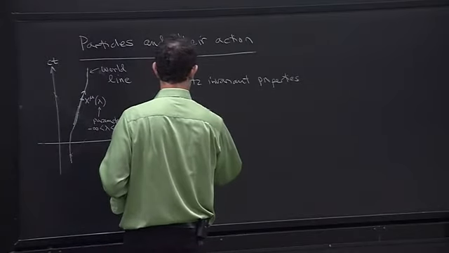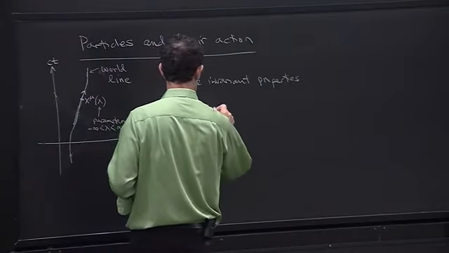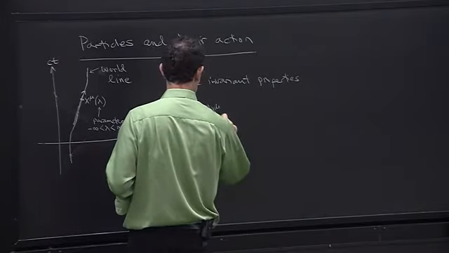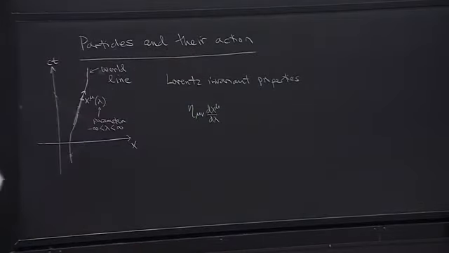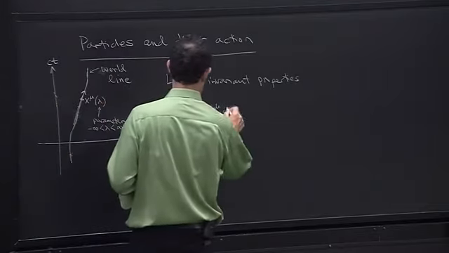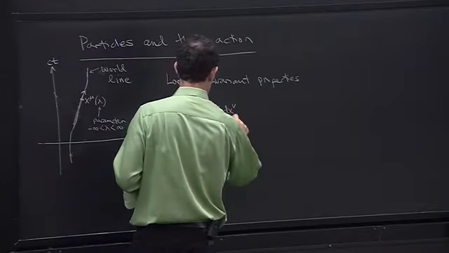We can form this quantity, dx mu d lambda, the parameter velocity of the world line, times dx nu d lambda.